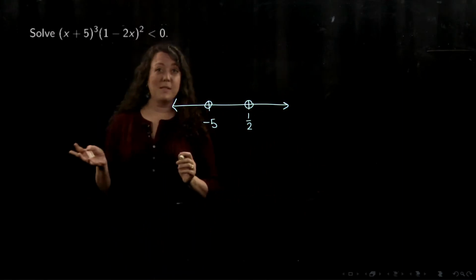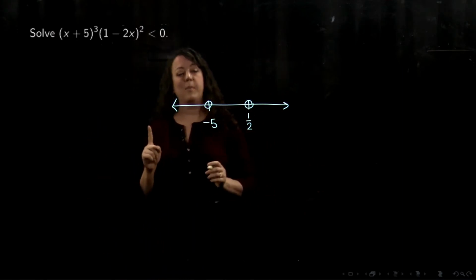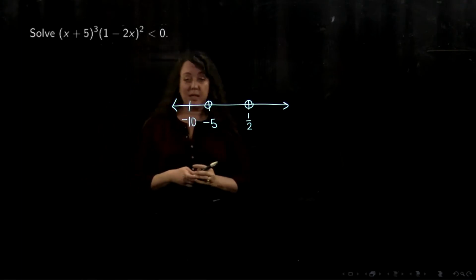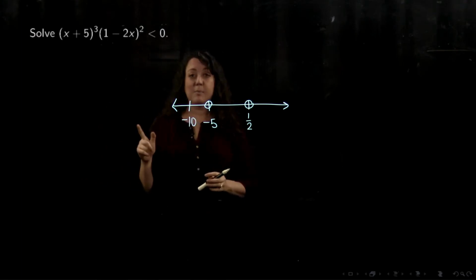Okay, so to do this method that I'm talking about, you still need one number to start with. So I'm going to pick, say, negative 10 to be my first number, and I'm going to plug it into the factored version of my expression.